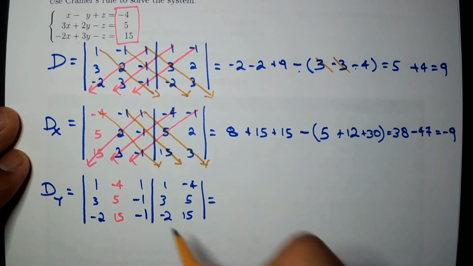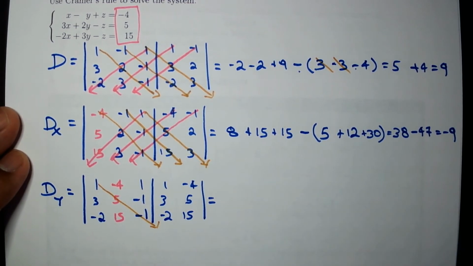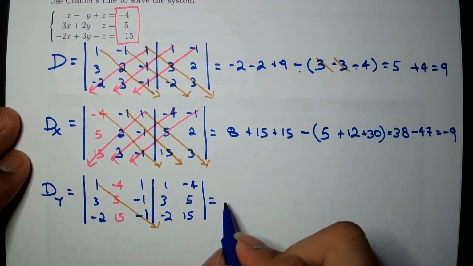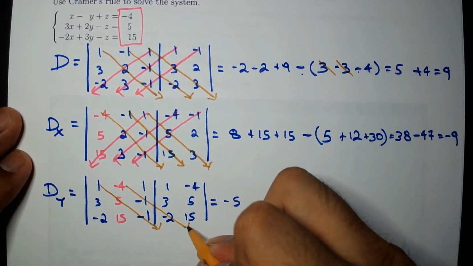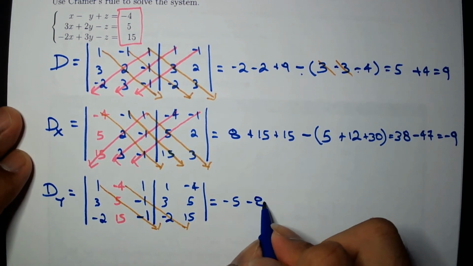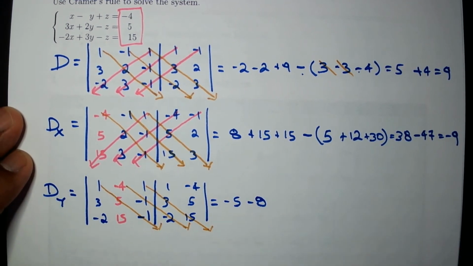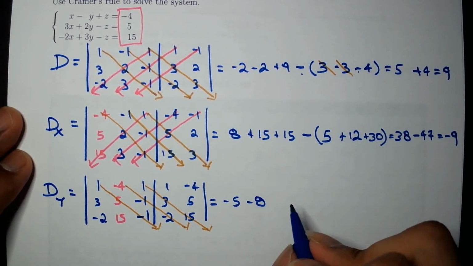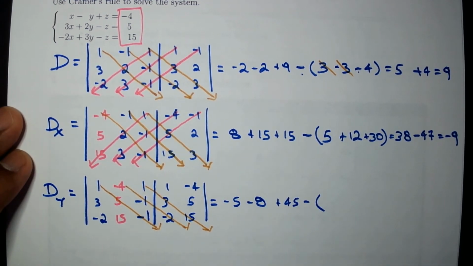Okay, let's multiply forward. 1 times 5 times negative 1, that's negative 5. Negative 4 times negative 1 times negative 2, there's a lot of negatives, that's negative 8. 1 times 3 times 15, that's 45. And we are going to subtract the products that go backwards.